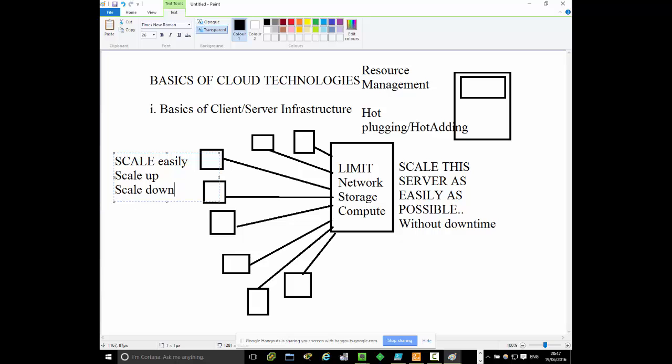Okay, so let me give you an illustration. Let's say Abdul, for example, you're running a Microsoft VPN server. Actually, there's a better example.